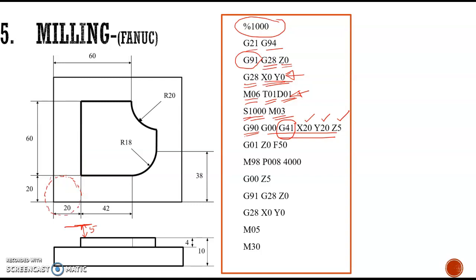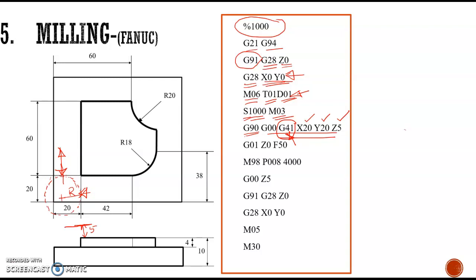Since we have given this G41 here, the tool has to be offsetted from both the x-axis position and y-axis position like this, and now the tool has to move in this direction. So whatever the tool radius may be, it has to be offsetted from both x-axis and y-axis.